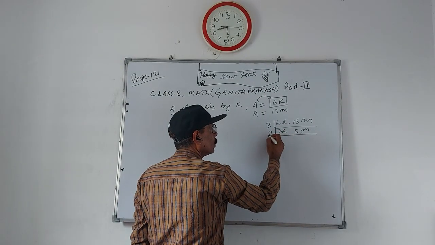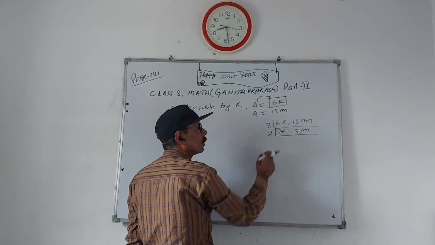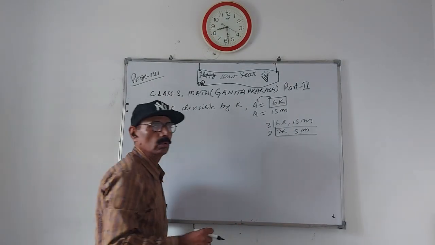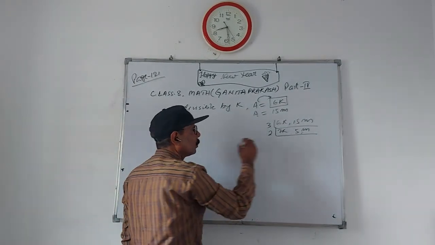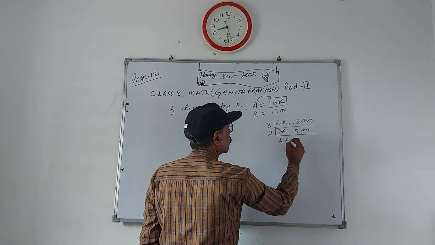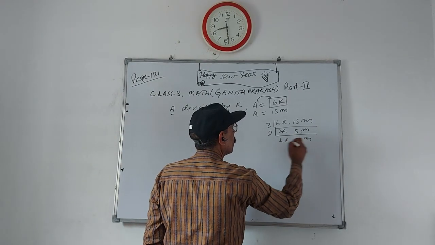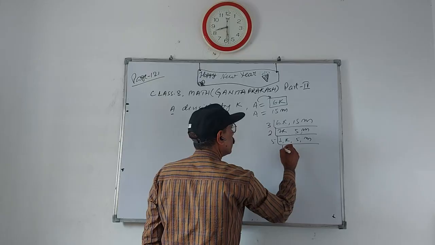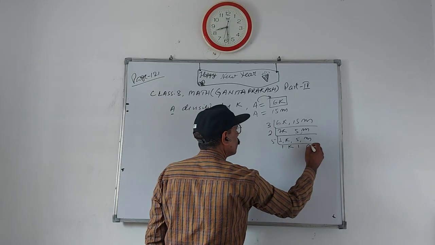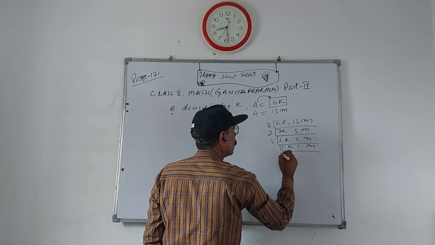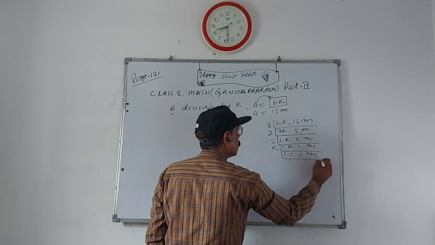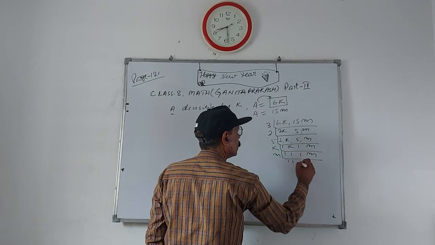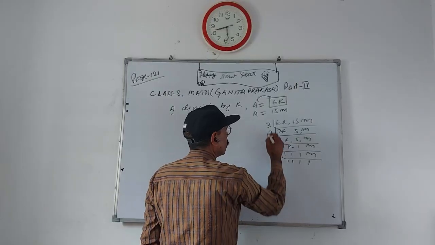If you take 2, 2K means 2 into K. So here 2 means 1K, 5M, then 5, 1K, 1M, then K, 1, 1M, then M, 1, 1, 1.